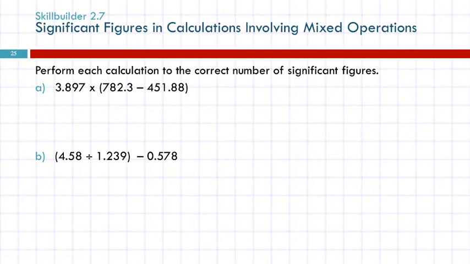Let's do some examples. So here we've got 3.897 times the quantity 782.3 minus 451.88. So we want to do the steps in parentheses. If you don't remember about order of operations, please excuse my dear Aunt Sally, PEMDAS.